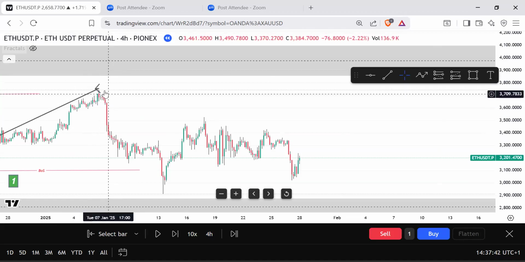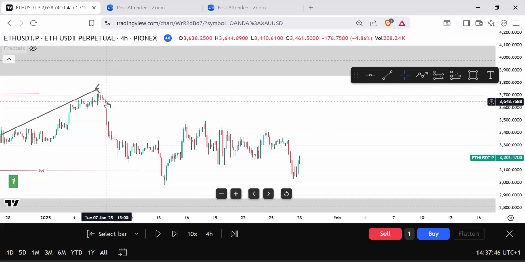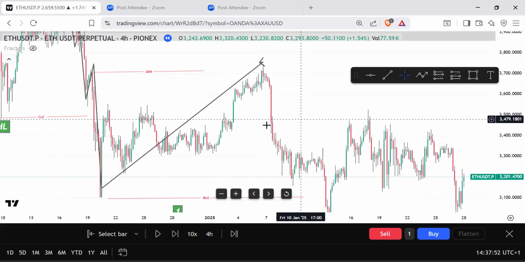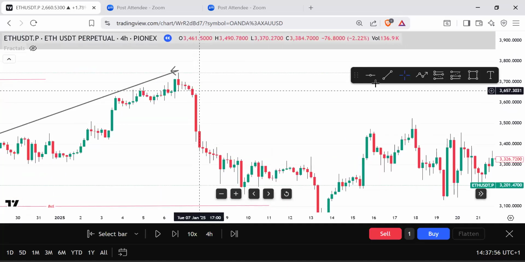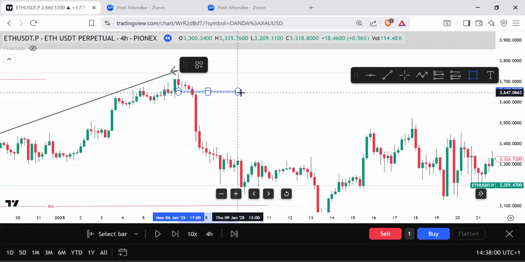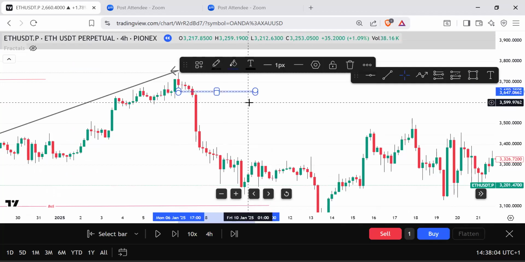So remember, we are starting from the extreme candle. Where's the first gap we have there? Look at the gap, 1, 2. Yes, there is a gap.